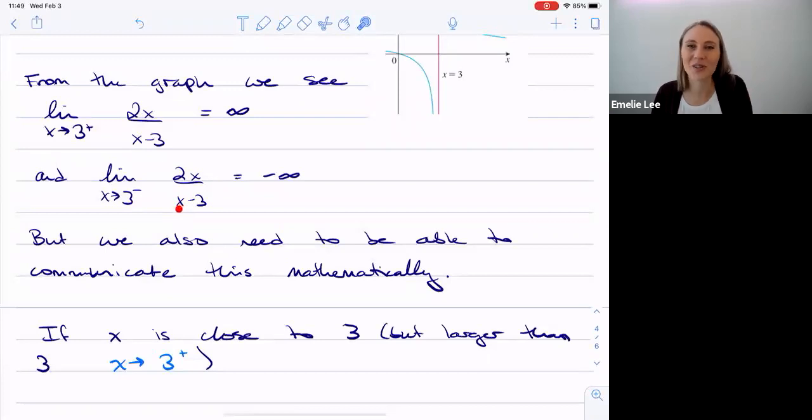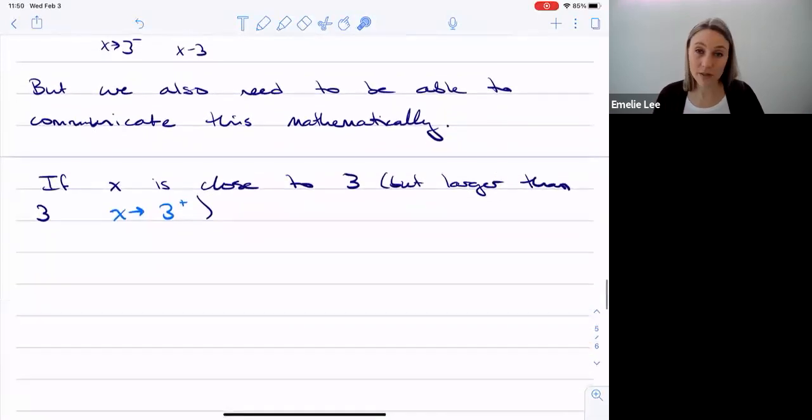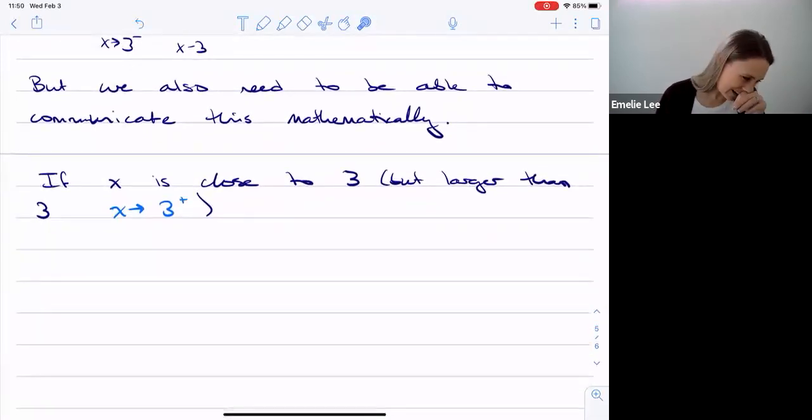I'd want to get closer to 3 than 2.9, but just to get the idea, now I'm dividing a positive number by a negative number, and that negative number gets really, really small. That's why it's blowing up towards negative infinity because of that negative behavior. That was a lot. Let's write that down.